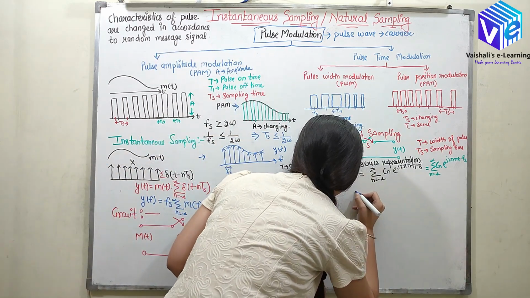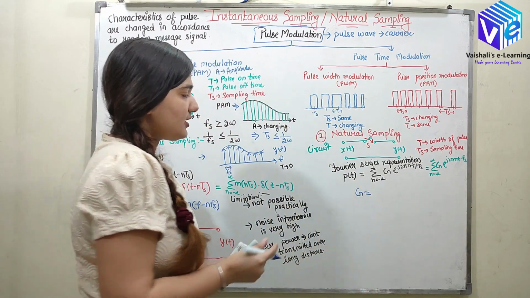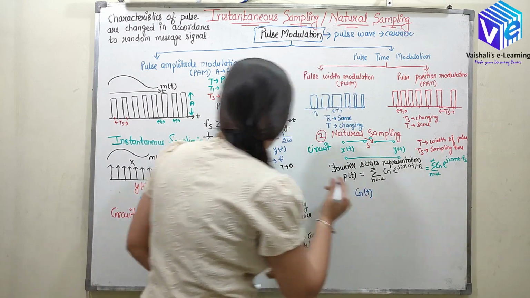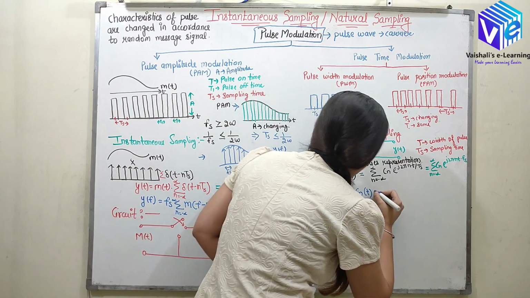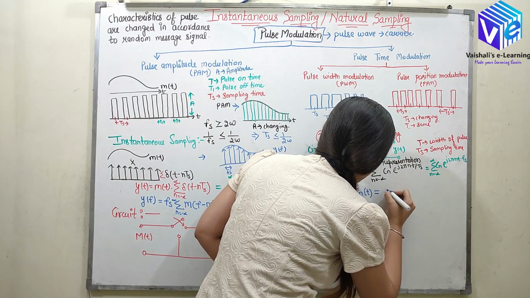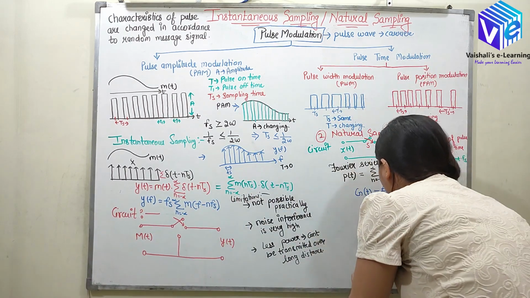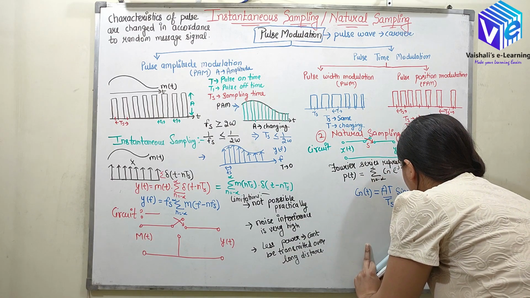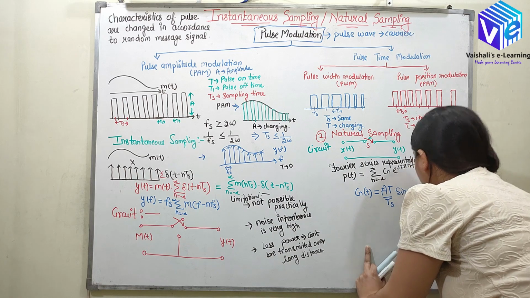Now what is Cn? If I talk about the time domain, in the frequency domain, these are represented by the rect function. Here in the time domain, it is represented by A tau upon Ts sinc n Fs tau.